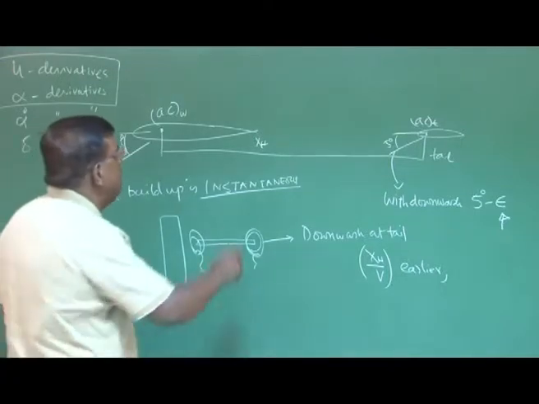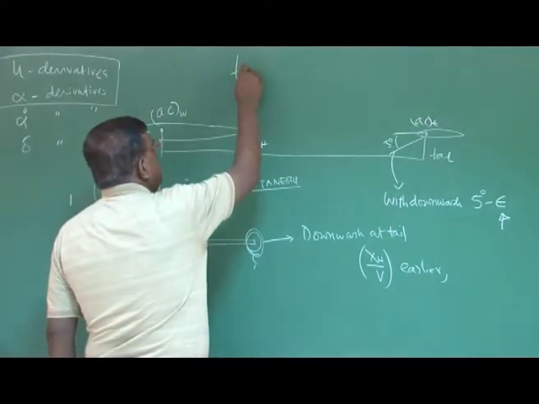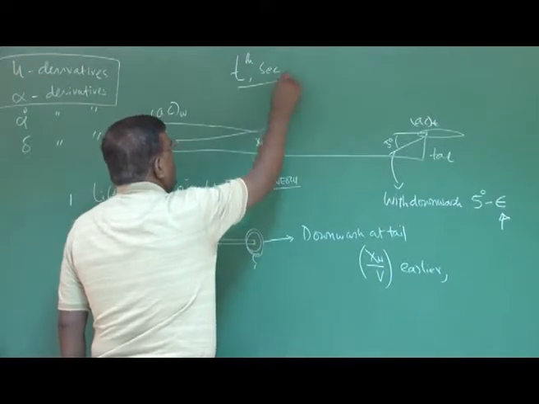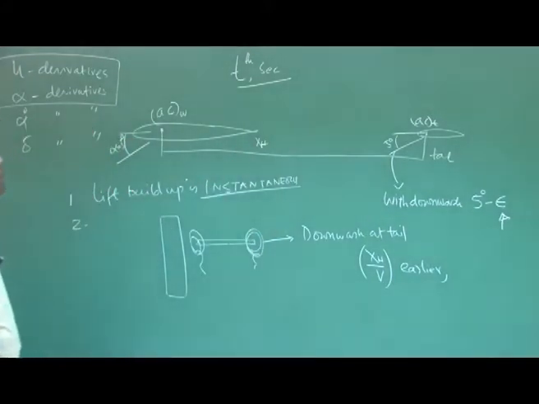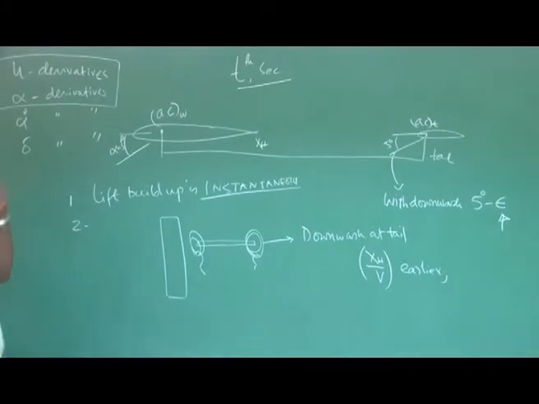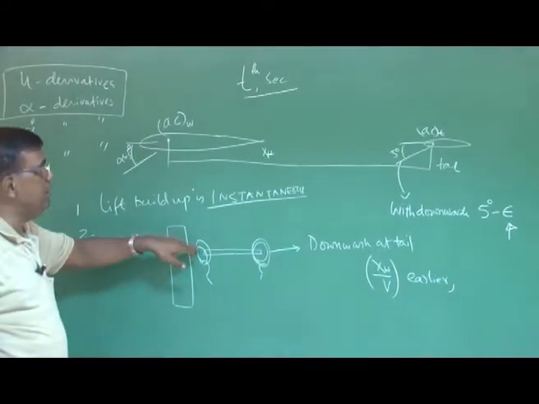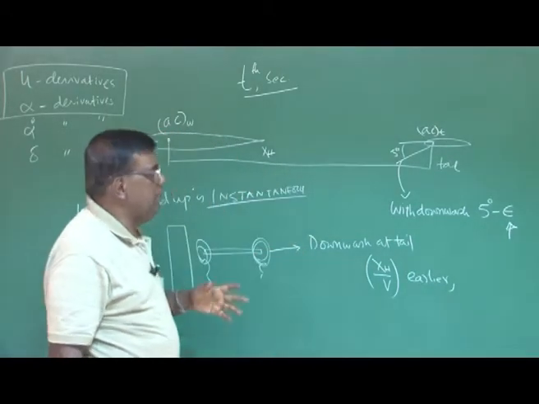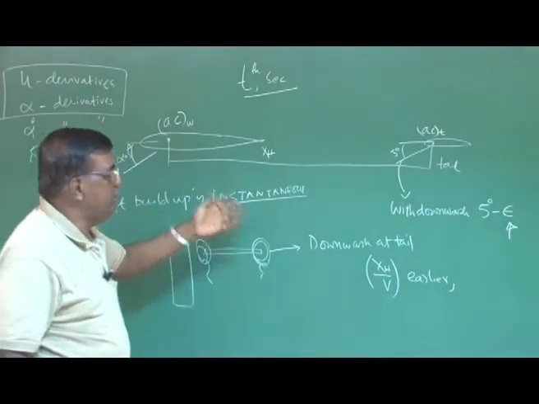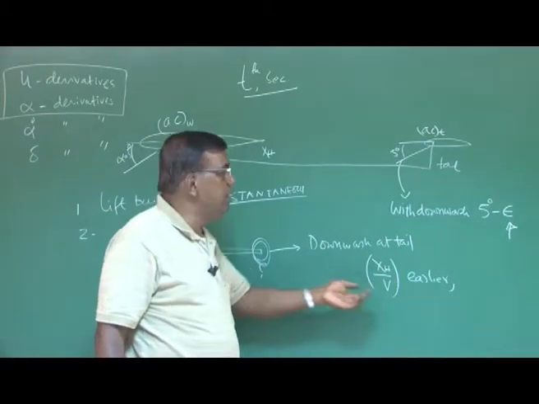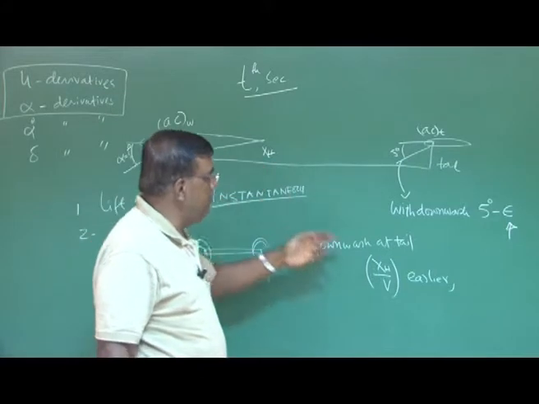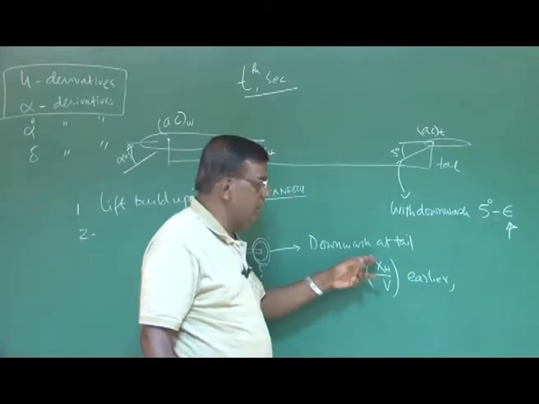Let us understand. Suppose I am analyzing the phenomenon at time t, the tth second. What will happen? At the tth second, some wingtip vortices will be generated. They will travel, and it is a fair assumption to believe they travel with the speed V of the airplane, and it will take finite time, which is roughly distance by speed.